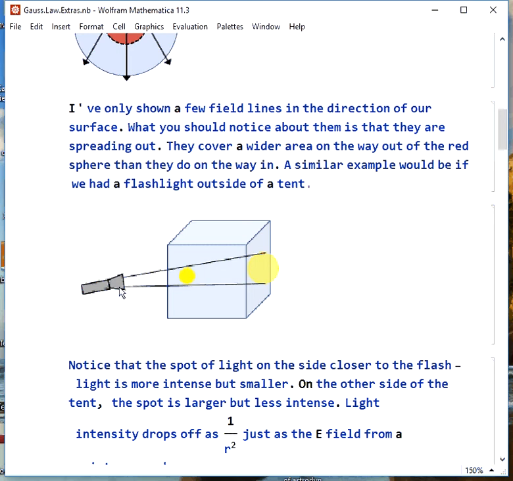The reason is the intensity of light drops off as 1 over r squared as well. So while the intensity has dropped by a significant amount, the area has gotten bigger by the same amount. Area gets bigger as r squared, intensity drops off as 1 over r squared.